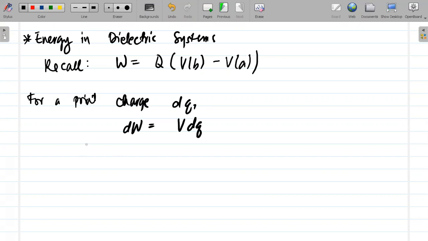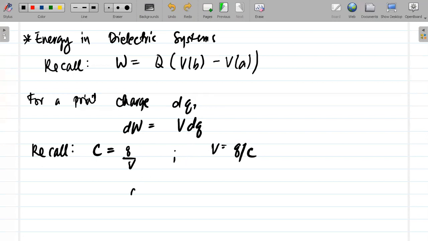Now, let's recall the definition of capacitance, class. C equals Q over V. So remember that: V equals Q over C. Actually, small q. V equals q over C. Now, class, let's substitute this V here.